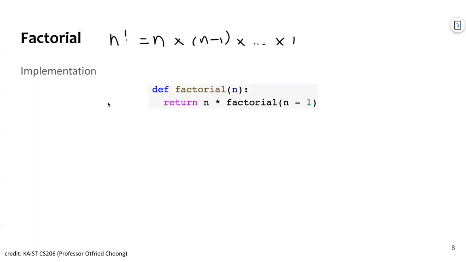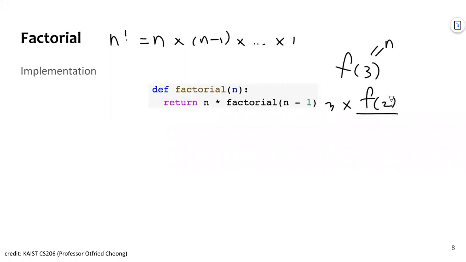So when we call factorial 3, because n is 3 now, it's going to return 3 times factorial n minus 1, that is 2.